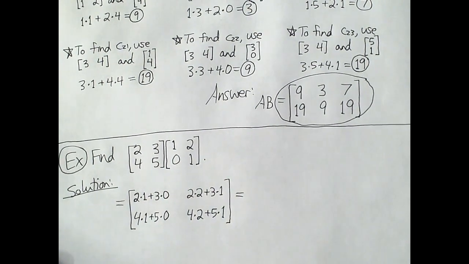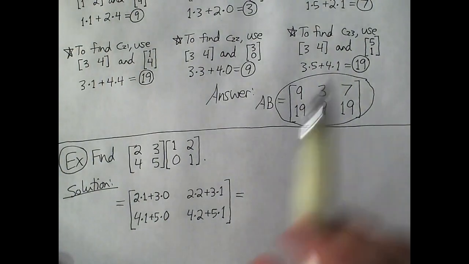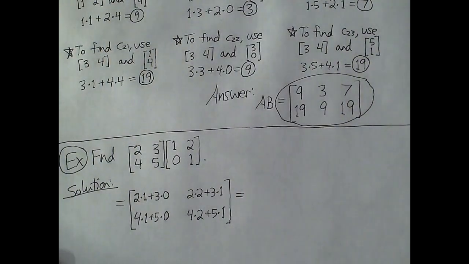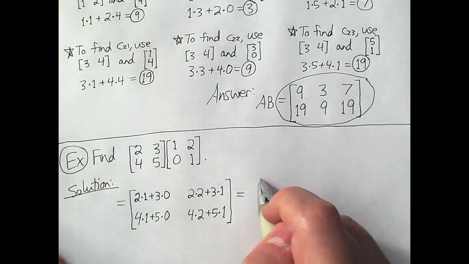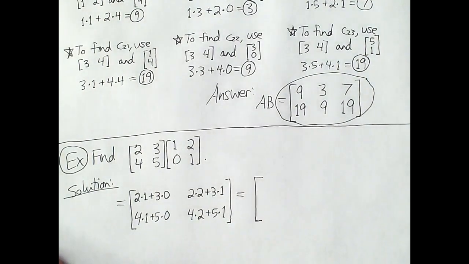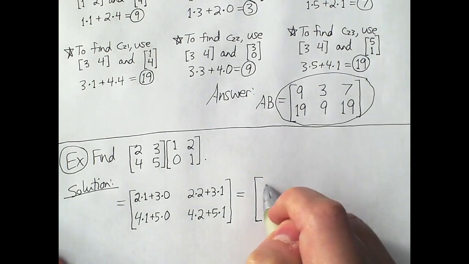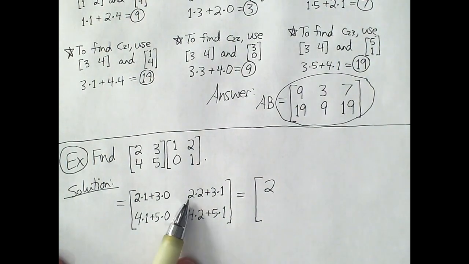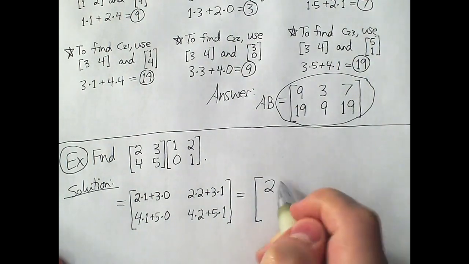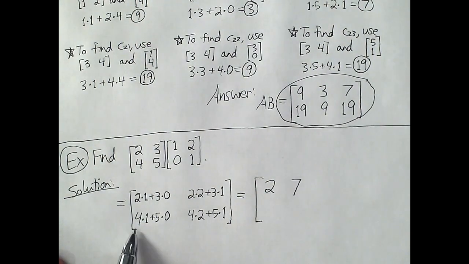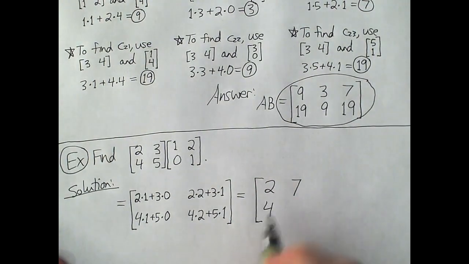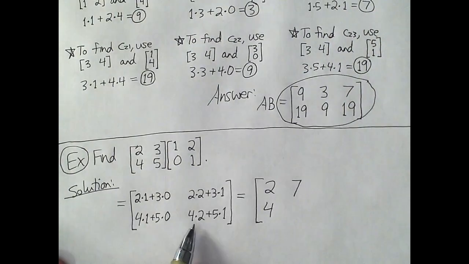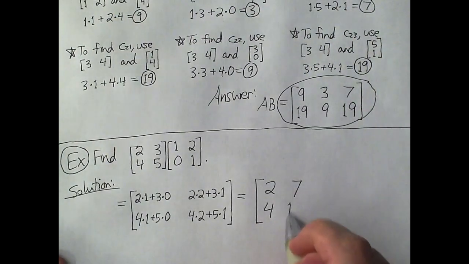See how I found which numbers I needed to use without writing half of a page? And now we just have 4 little arithmetic problems to simplify. Okay, what is 2 times 1 plus 3 times 0? It's 2. What is 2 times 2 plus 3 times 1? It's 7, etc. This is going to be 4. And then this last one looks like it's 8 plus 5, so 13.